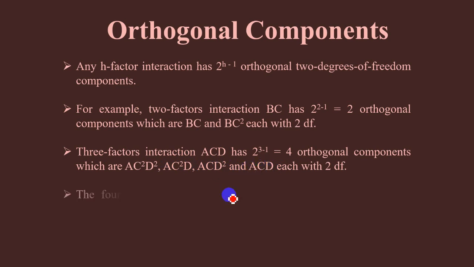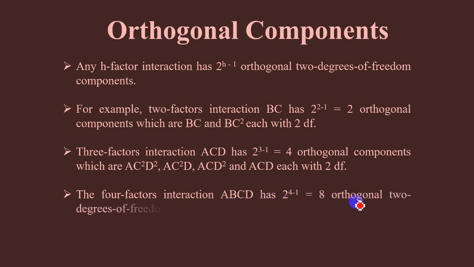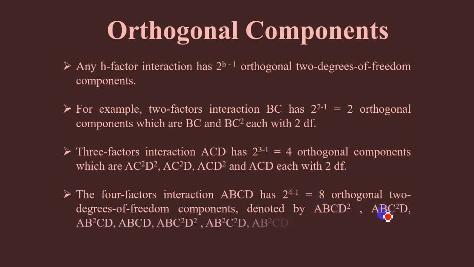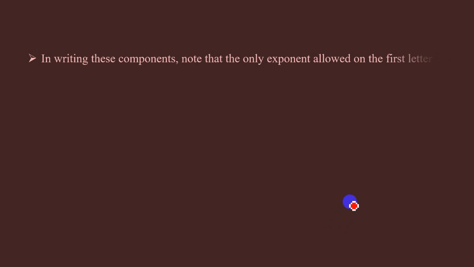The 4 factor interaction ABCD has 2 raised to 4 minus 1 equal to 8 orthogonal 2 degrees of freedom components, denoted by ABCD square, ABC square D, AB square CD and so on, AB square C square D square. Note that in writing these components, the only exponent allowed on the first letter is 1.